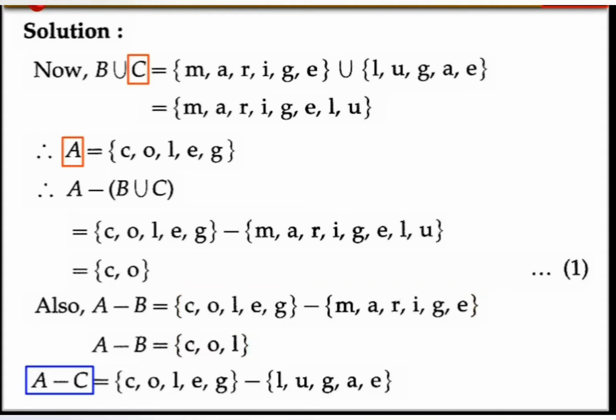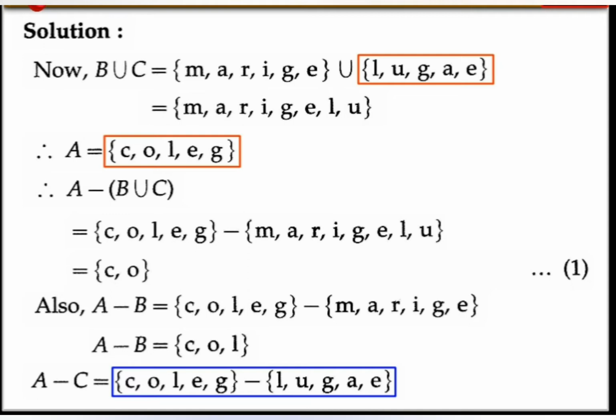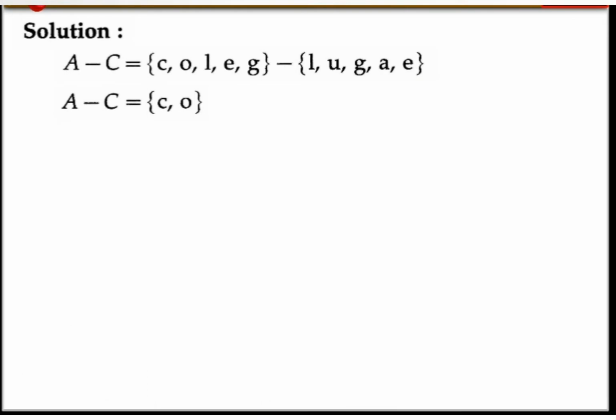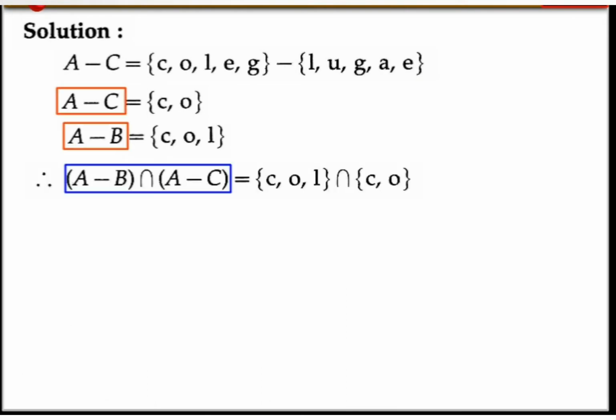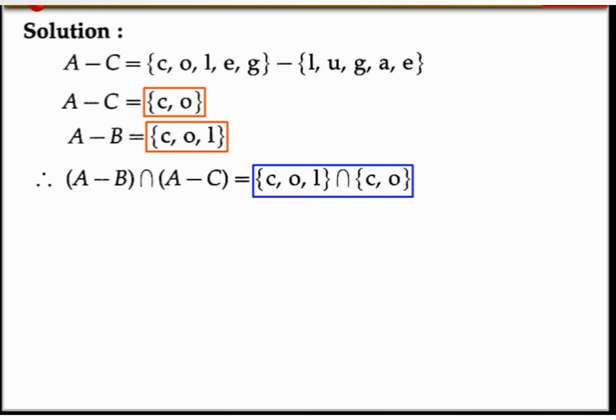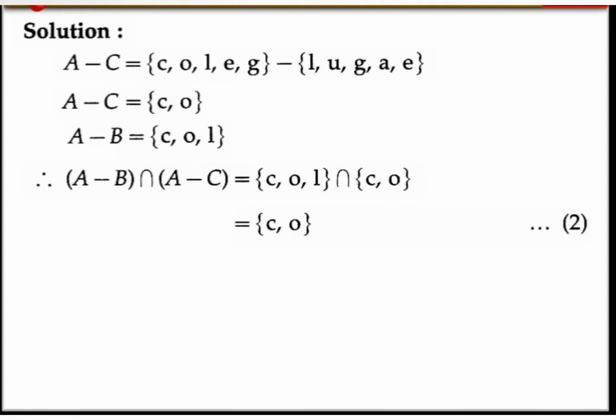Now A − C is equal to {C, O, L, E, G} − {L, U, G, A, E}, which is equal to {C, O}. Therefore, (A − B) ∪ (A − C) is equal to {C, O, L} ∪ {C, O}, that is {C, O}. Let us put it as 2.